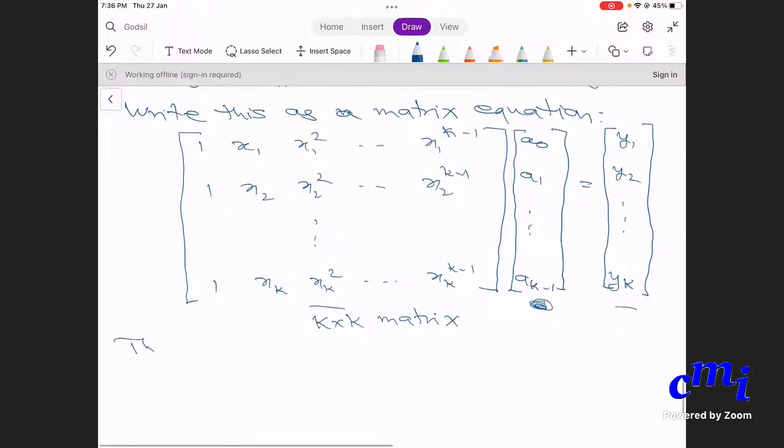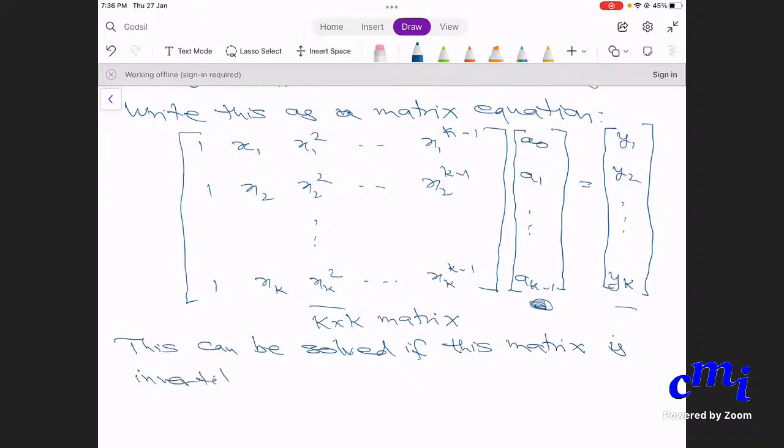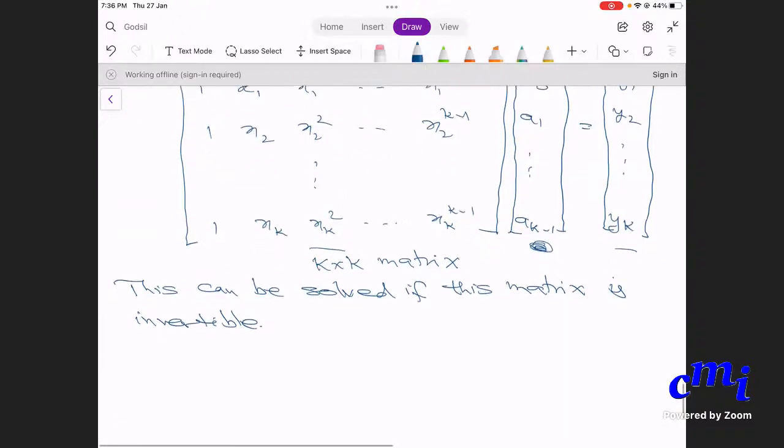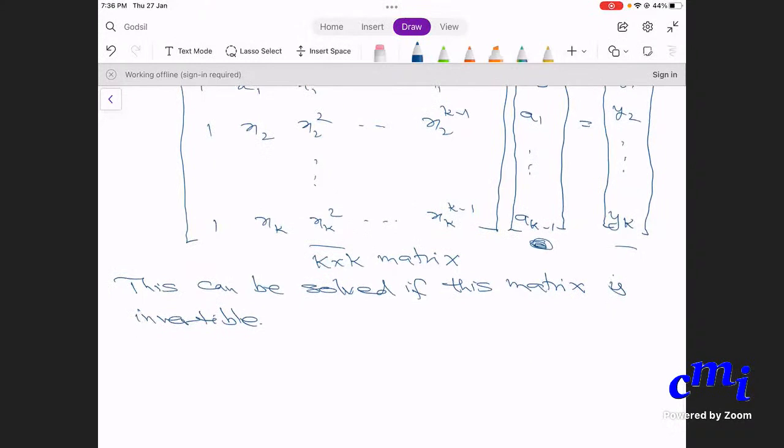So this can be solved if this matrix is invertible. And we know how to check for invertibility of a matrix. We can calculate the determinant and check whether the determinant is zero or non-zero. If it is non-zero, then we know that the matrix is invertible.